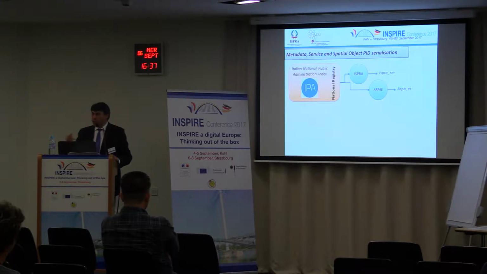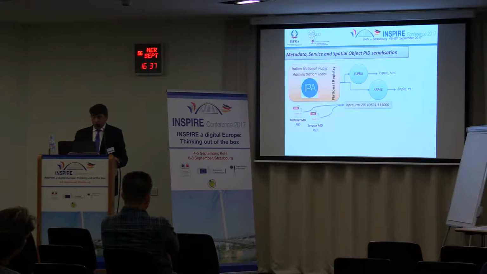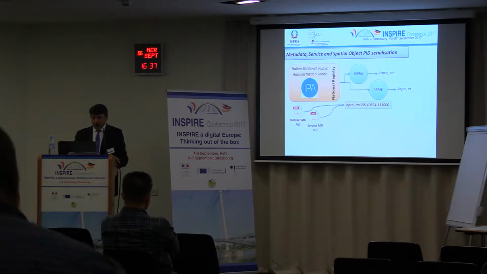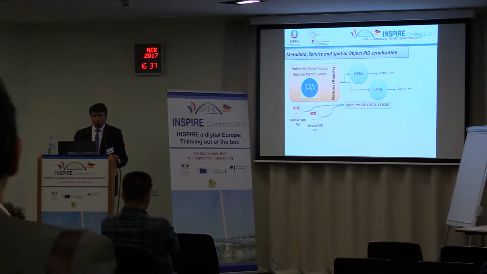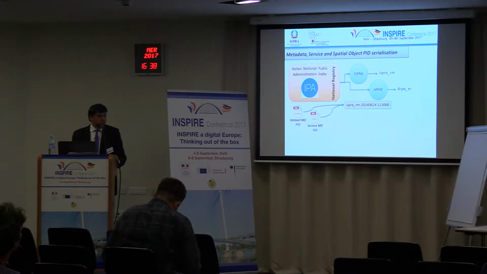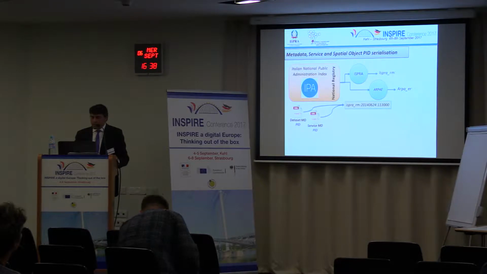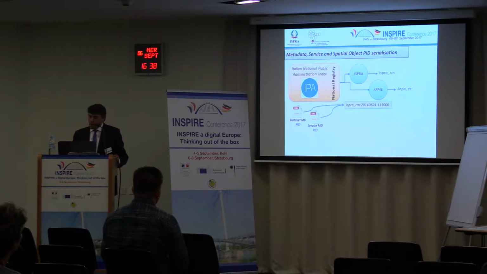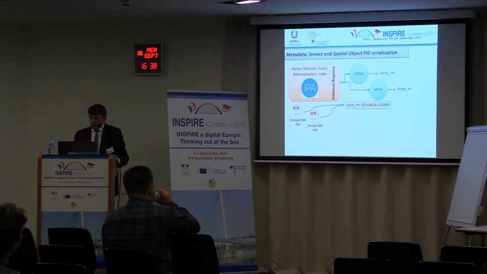So in some way we already have an administration code list, and we're using this one as the first part of our code. Of course, when we produce the metadata for datasets and services, inside the metadata, the metadata ID is composed with this IPA reference number.